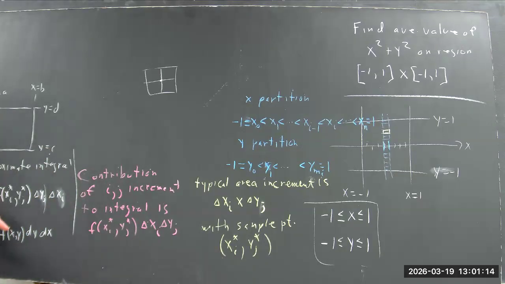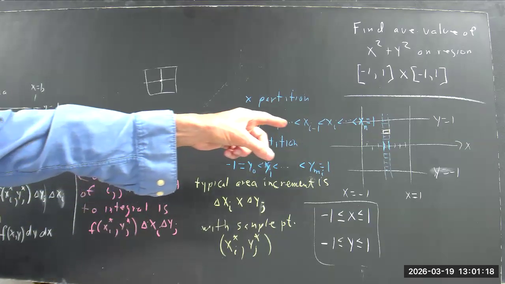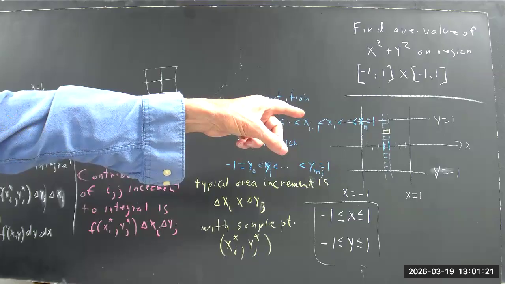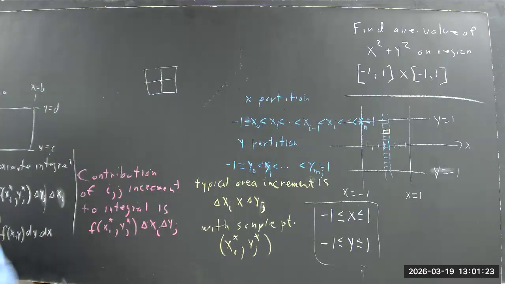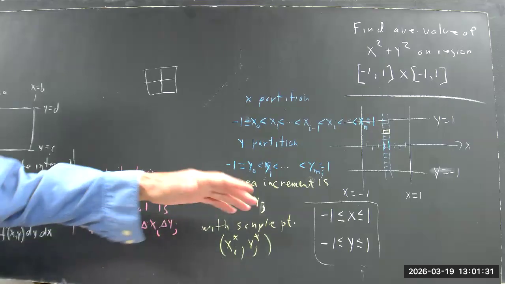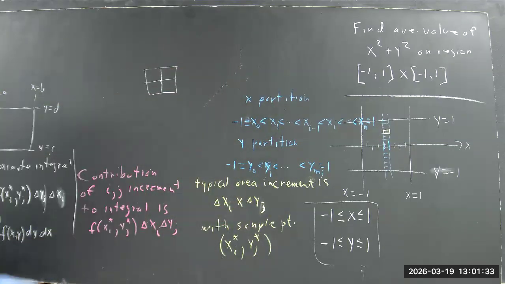So that's general for any rectangle. What I just did doesn't apply just to this 2 by 2 square. It applies to any rectangle whatsoever. And if you've got a rectangle, then you can use the same number of y divisions as you have x divisions or whatever. Okay?